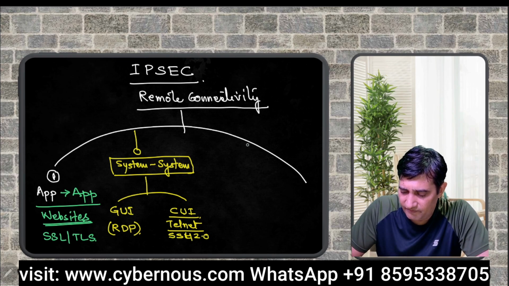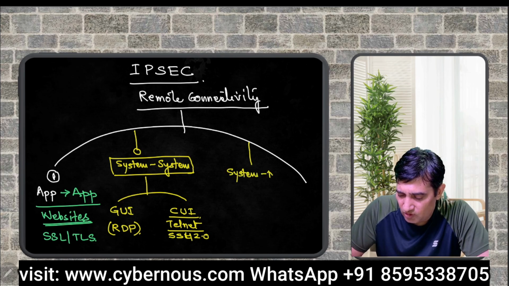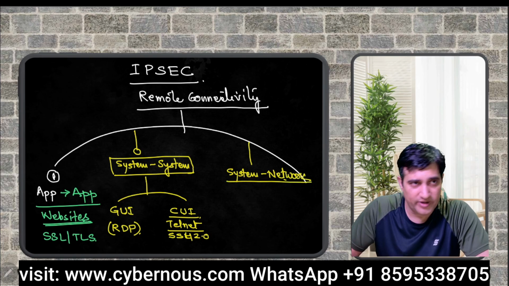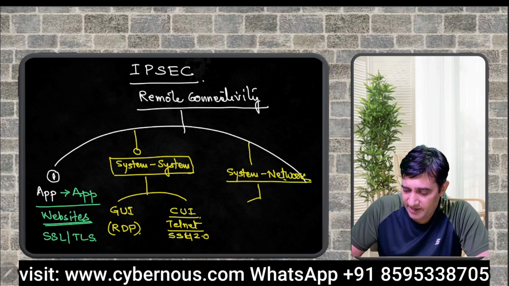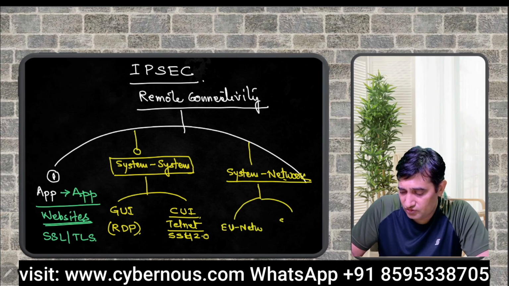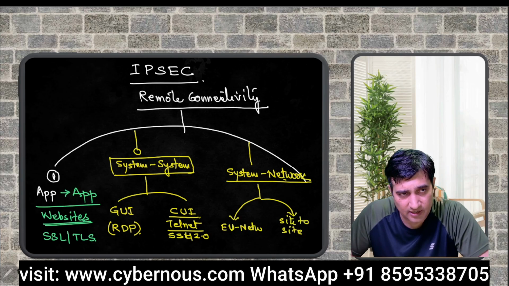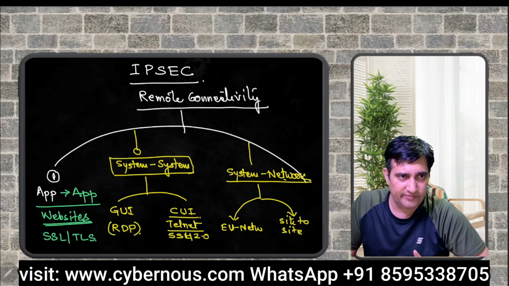Then another way of connecting is when you are connecting a system to a network. It might be an end user connecting to a network, or it might also be site-to-site connectivity, your internal company site-to-site connectivity.